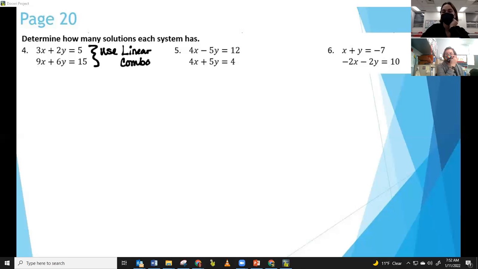Y's, okay. X's, sounds good. What do I need to multiply by if I want to make, let's see, Soraya, you picked the y's. What do I need to multiply by if I want to make the y's cancel? Genesis, what would I need to multiply by if I wanted to make the x's cancel? Remember, I want the same number, but the opposite sign.